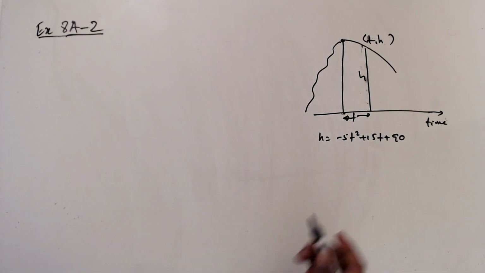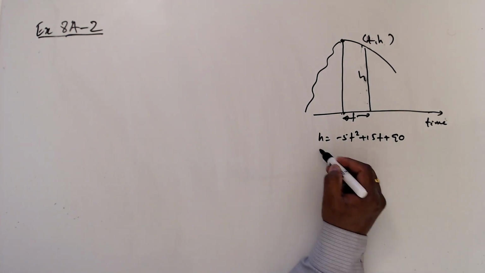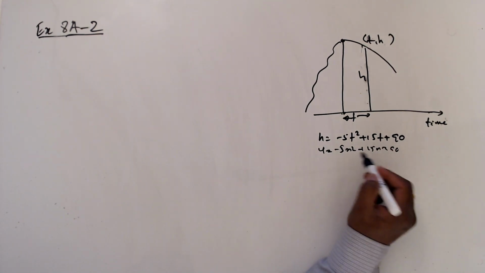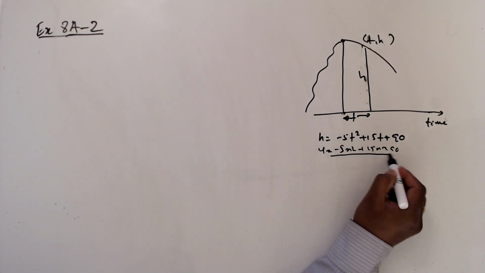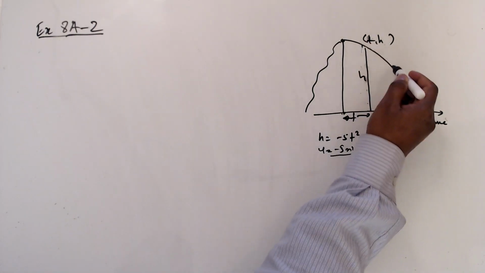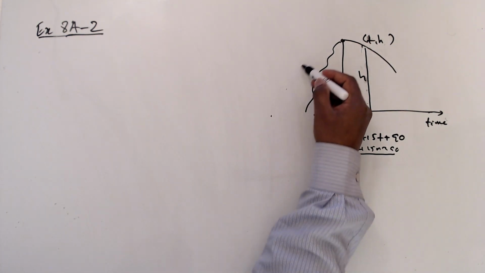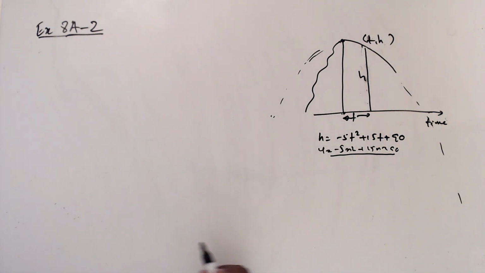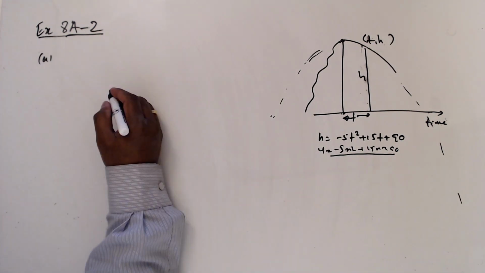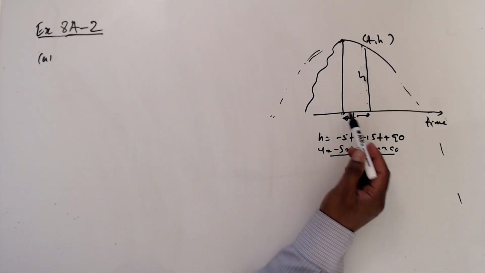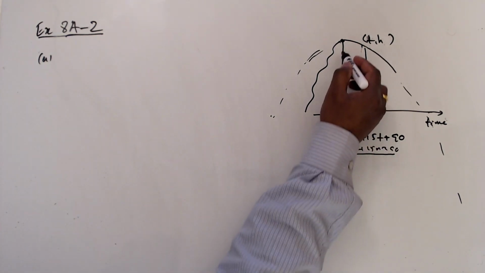Now you can see this is a quadratic equation, y equals minus 5x square plus 15x plus 90, and it should have a maximum, and this is the parabola. So write down the height of the cliff above sea level. So this is the cliff.